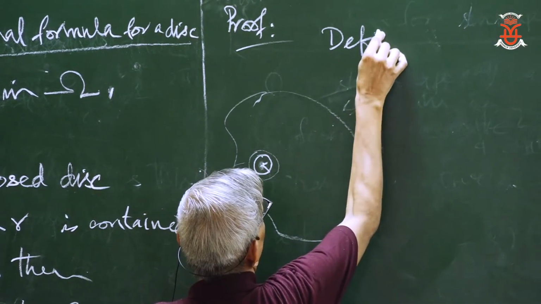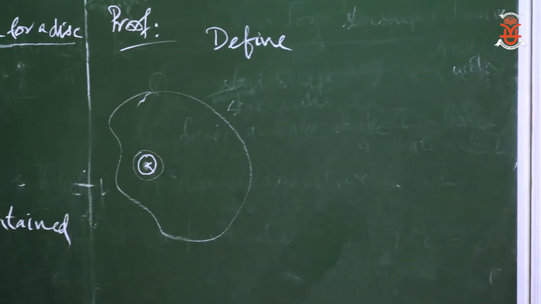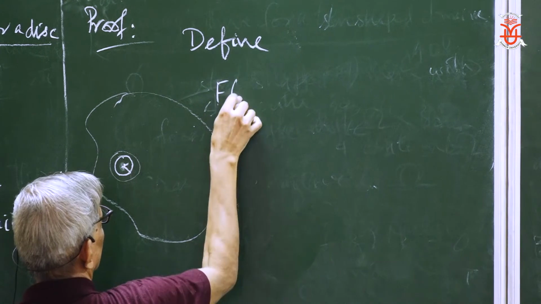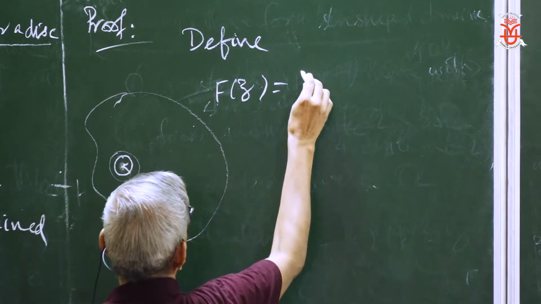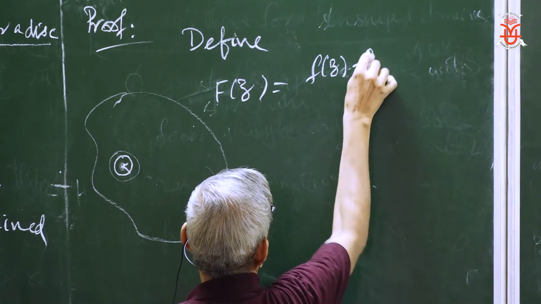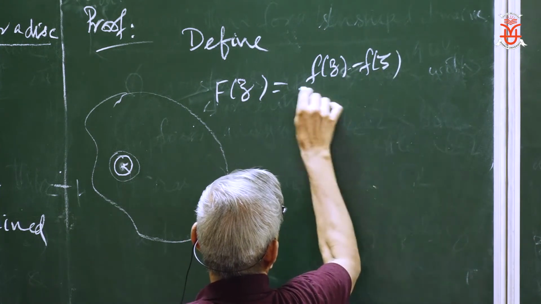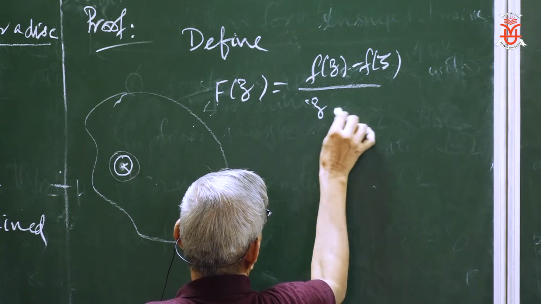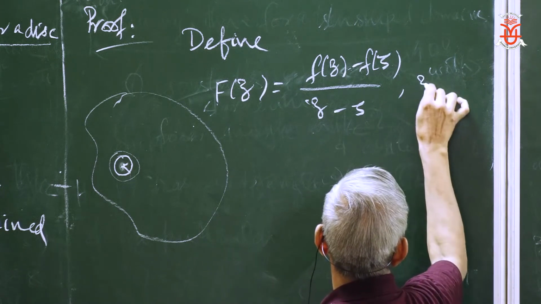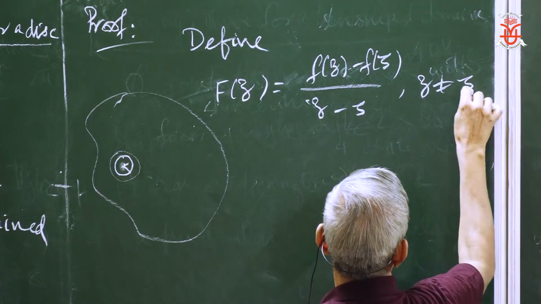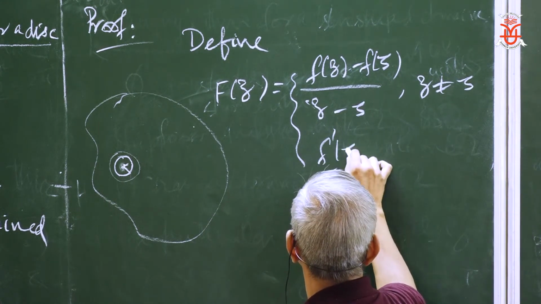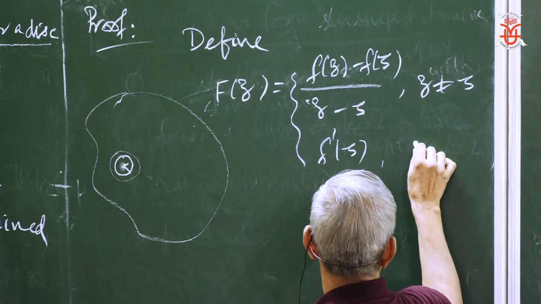Define say f of z or g of z, whatever it is. A natural choice.